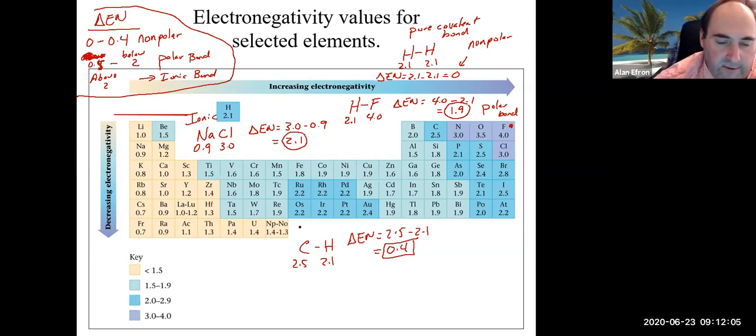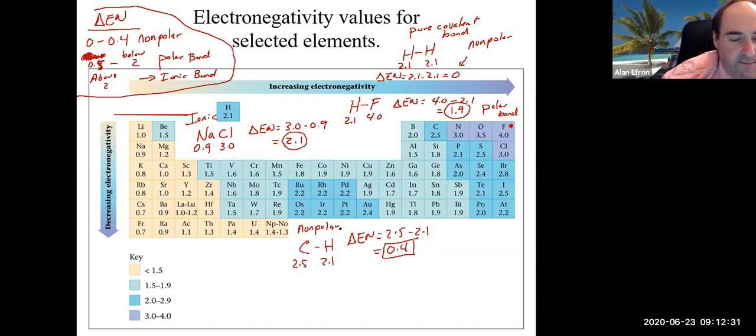So the carbon-hydrogen bond is considered nonpolar because of that 0.4. And to be truthfully honest, that's probably why the cutoff there is at 0.4, because all organic molecules are basically carbons and hydrogens, and they're nonpolar. If we didn't have that cutoff to call it nonpolar, there would be no organic chemistry. So the carbon-hydrogen bond is a nonpolar bond.